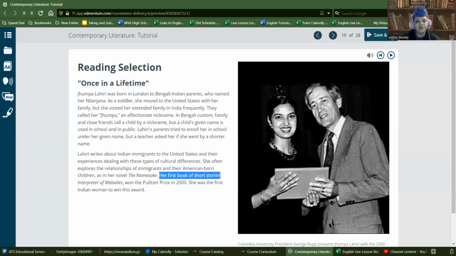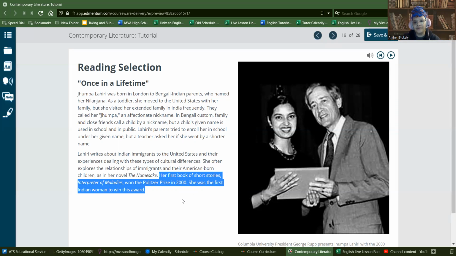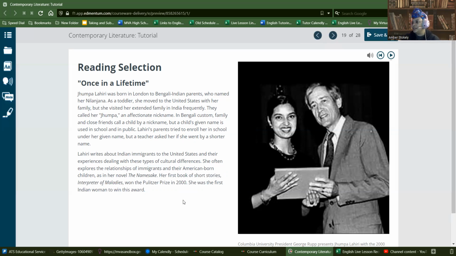Her first book of short stories, Interpreter of Maladies, won the Pulitzer Prize in the year 2000. And she was the first Indian woman to win this award. So because she definitely went through a lot when it came to adjusting to American culture and sort of finding her groove between American culture and her native culture, that's what her writing centers on.